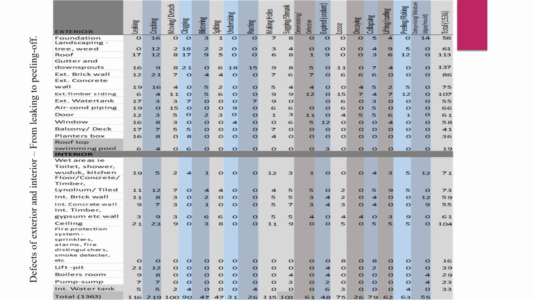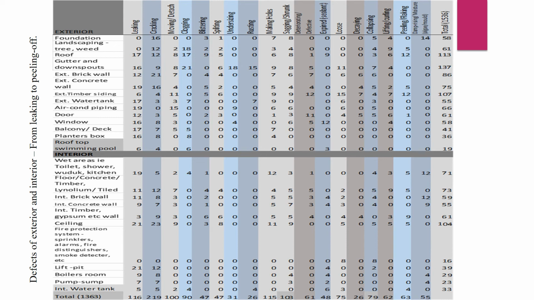So anyway, if we can categorize it in certain categories, 219 cases of the cracking problem, total, indoor and outdoor, exterior, interior. Most is 219, next is 116, both categorizing on the leaking.